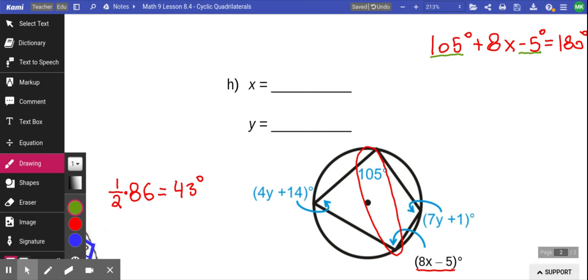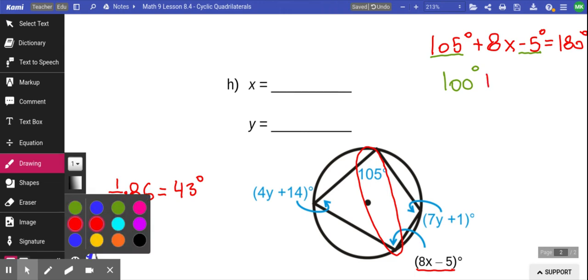I want to move away this minus 5 and this 105. Before I do that, I realize those are like terms, and they can add together. So 105 degrees minus 5 degrees is 100 degrees. And then I still have my plus 8x, and it still equals 180 degrees.